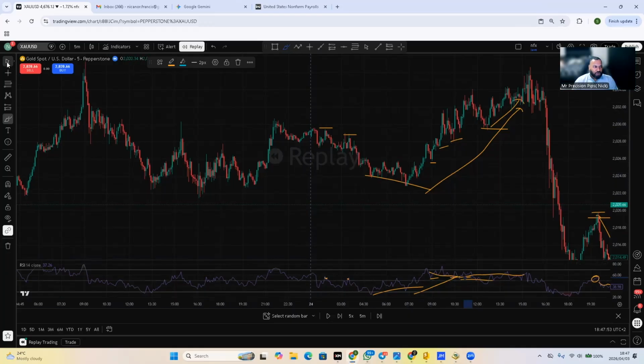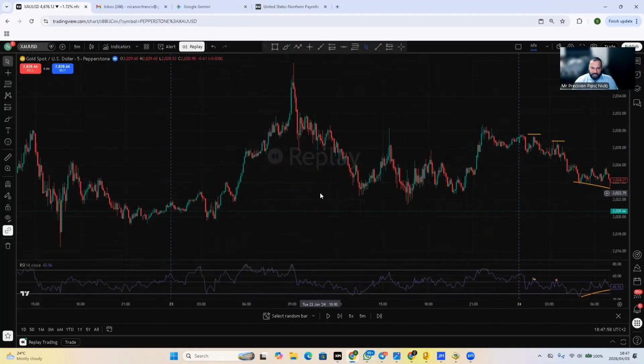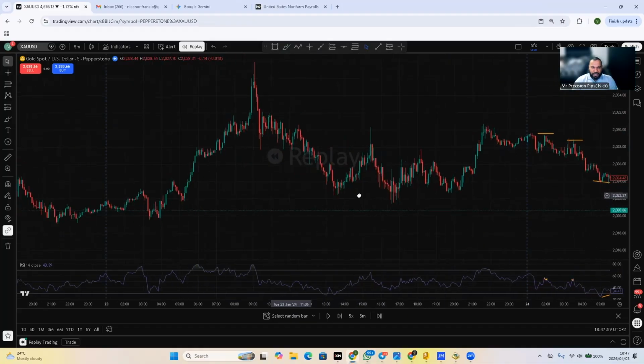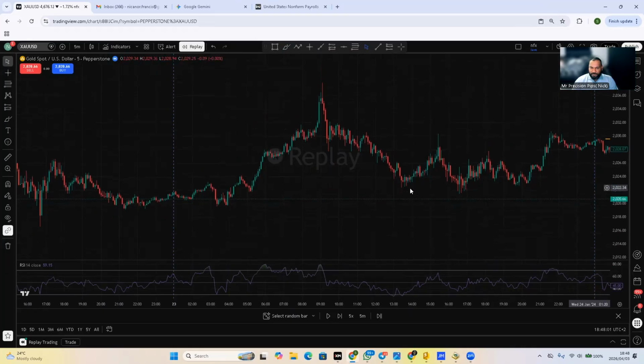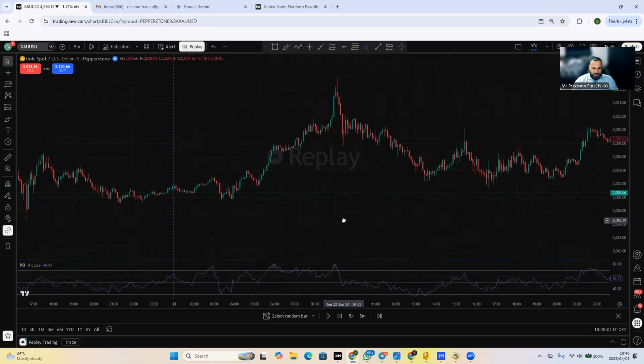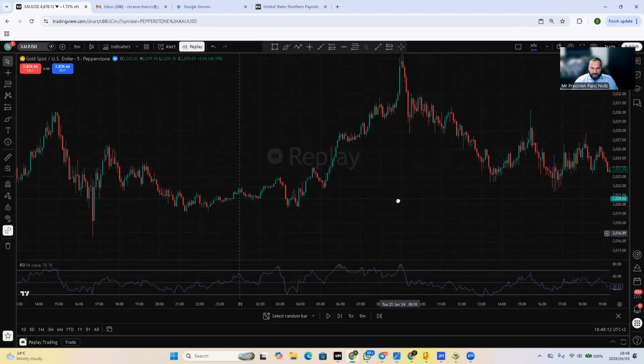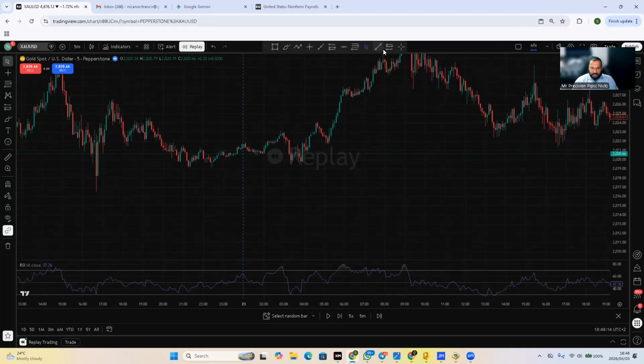Then I want to show you a bearish divergence case, if I can find one. That's not a good case, it's too steep. Here's a case.